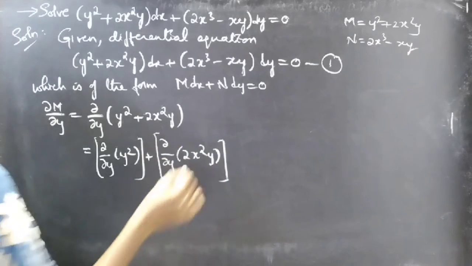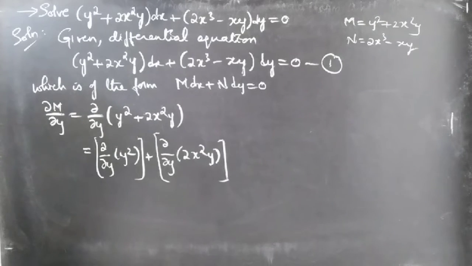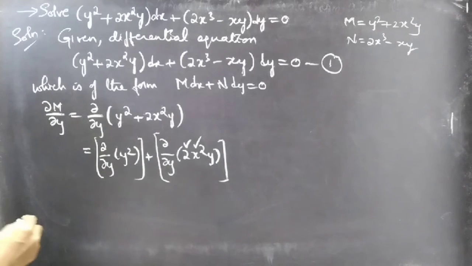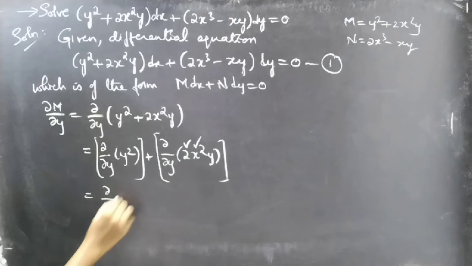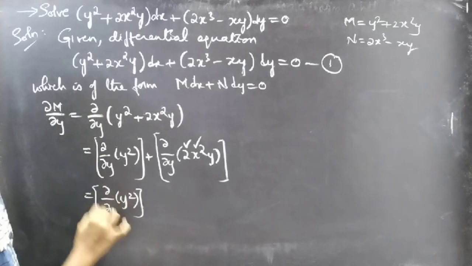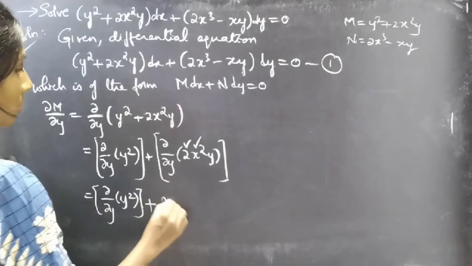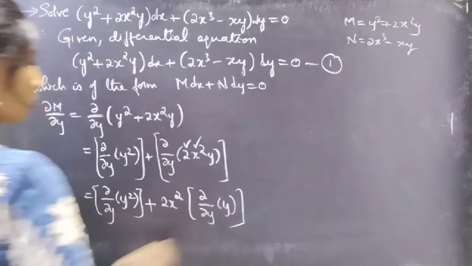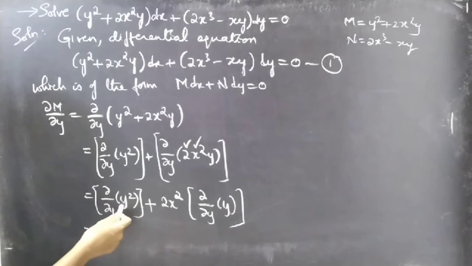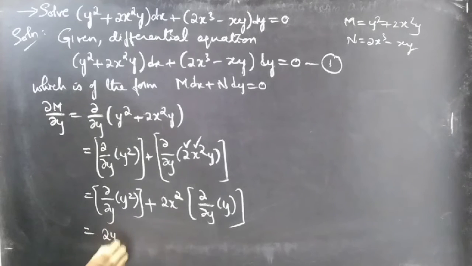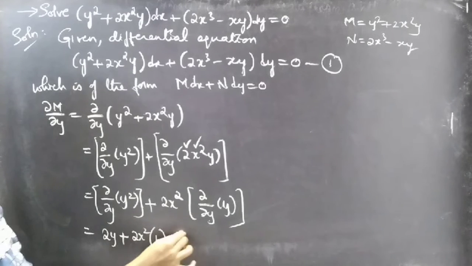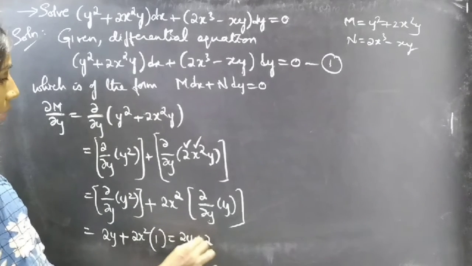Here we are differentiating with respect to y, so x is treated as constant. In the second term 2x² is constant, so let's write it outside the brackets. This equals the partial derivative of y² with respect to y, which is 2y, plus 2x² times the partial derivative of y with respect to y, which is 1, giving us 2y + 2x².